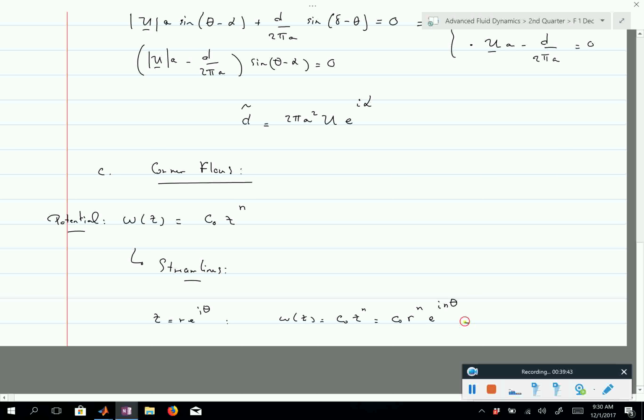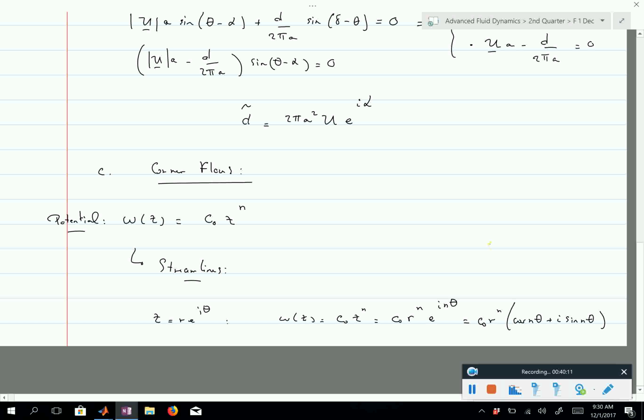So this is C0 r to the power n, cosine n theta plus i sine n theta. Yeah? So your imaginary part here is C0, the constant, r to the power of n, times sine n theta. Yeah?